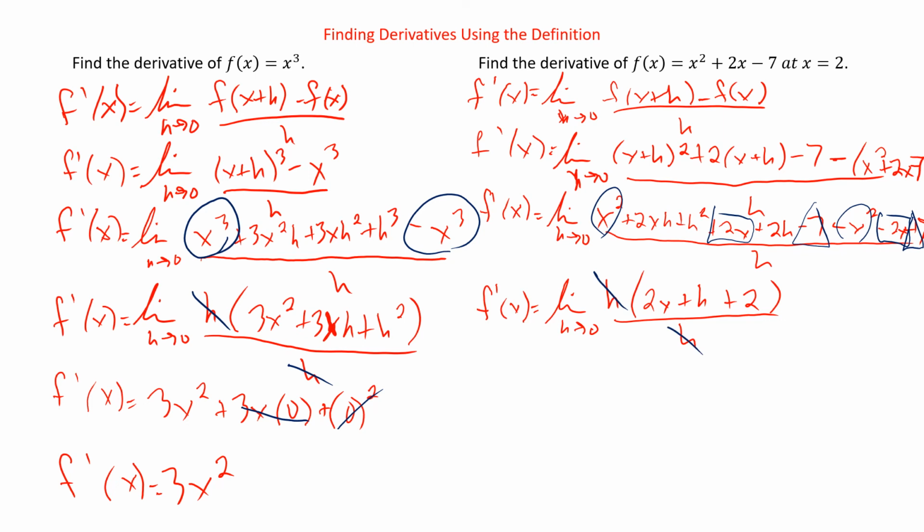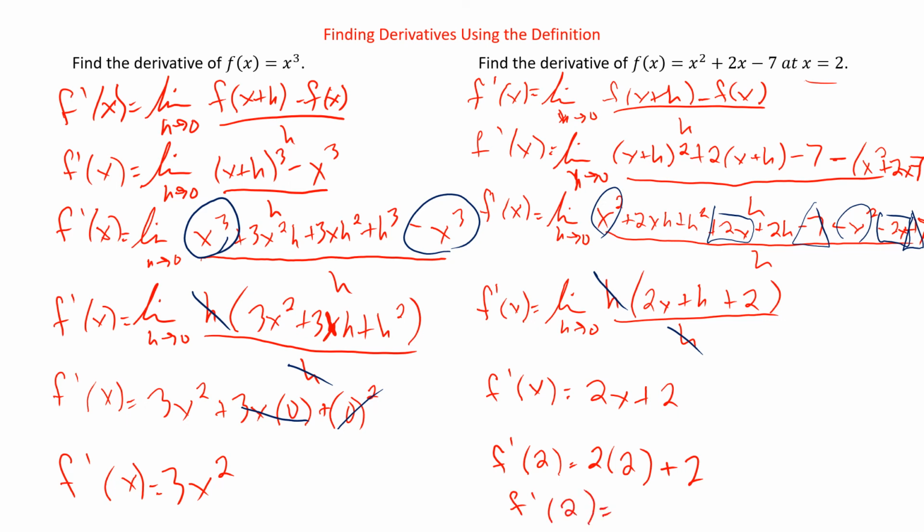And now we can plug in 0. F prime of x equals 2x. The h will become 0 plus 2. Now we wanted to find it at x equals 2. So we just plug in f prime of 2 equals 2 times 2 plus 2. 2 times 2 is 4 plus 2 is 6. So f prime of 2 equals 6.